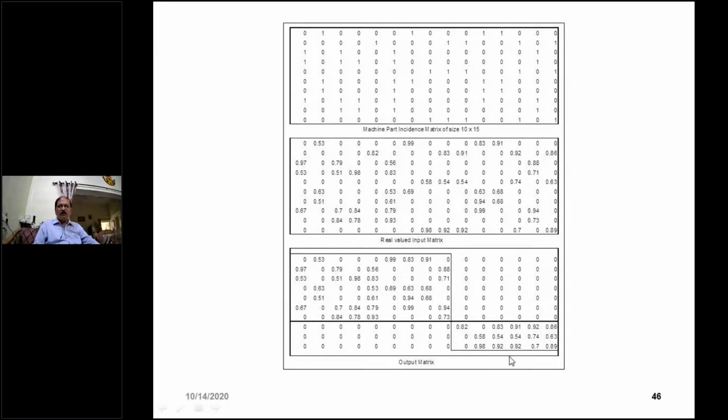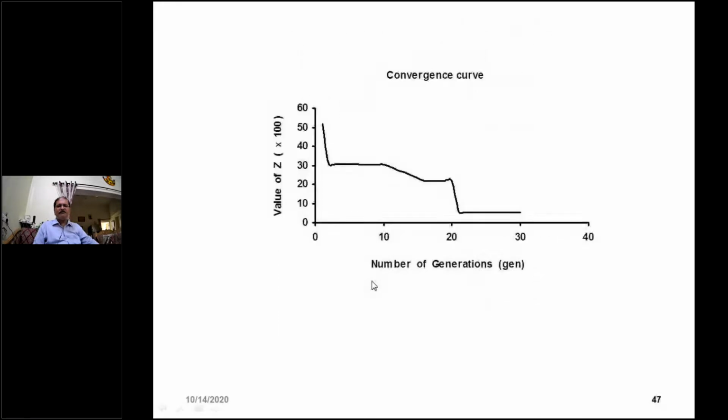So doing so, using genetic algorithm, we can produce an output. These are the machines, these are the parts. So machine part incidence matrix is there. Machine cells and the part family can be produced using genetic algorithm.